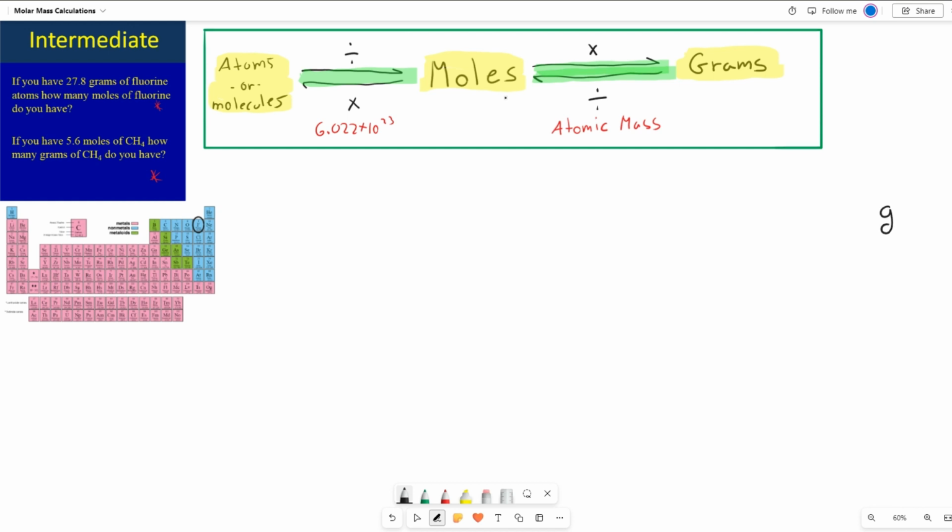So we're being asked to find grams of CH4. Now, CH4 is a molecule that is made of 5 atoms, 4 hydrogens and 1 carbon. So we're going to first need to find the formula mass or the molecular mass for CH4. So CH4 is methane.